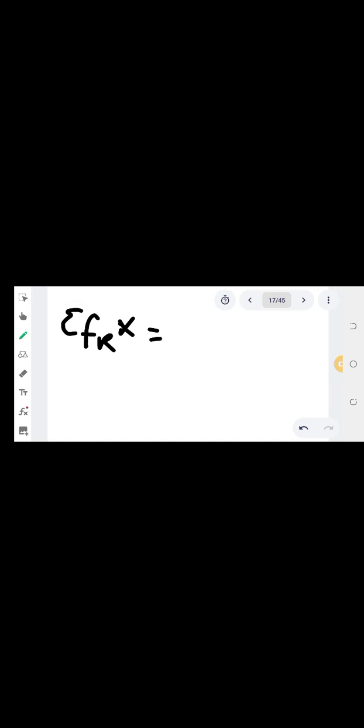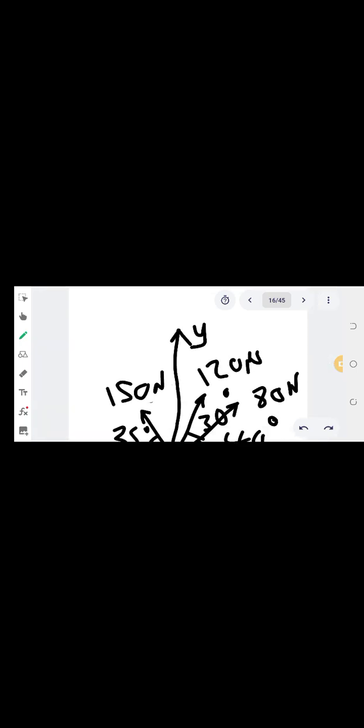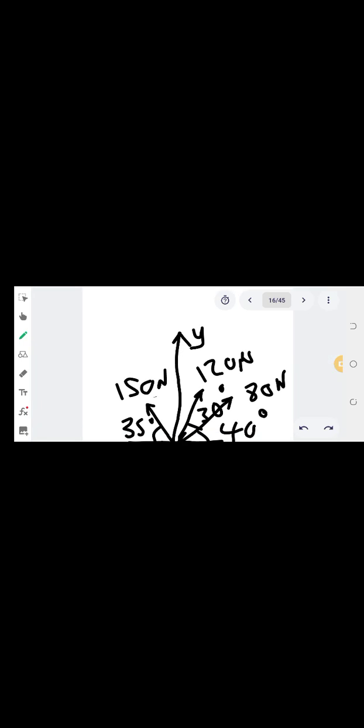We have got the 80, 120 and 150. So now what we must pay attention to is the directions again. When we resolve it into a component, is it in the negative direction or the positive direction?